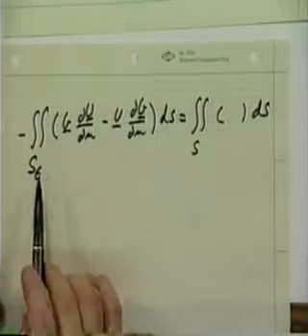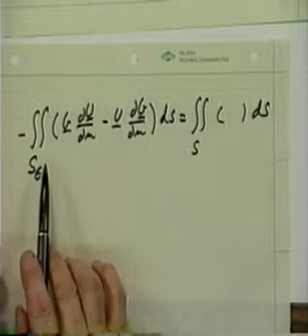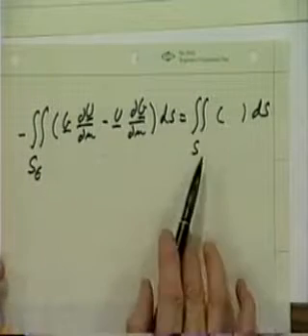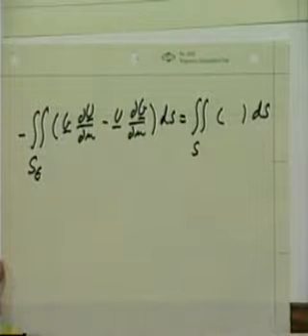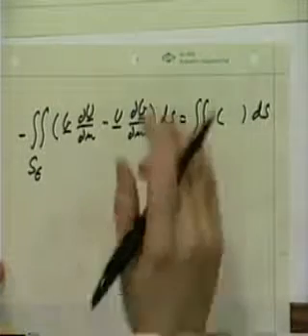So the integral over the little guy is equal to minus the integral over the big guy. Now, let's go back here.